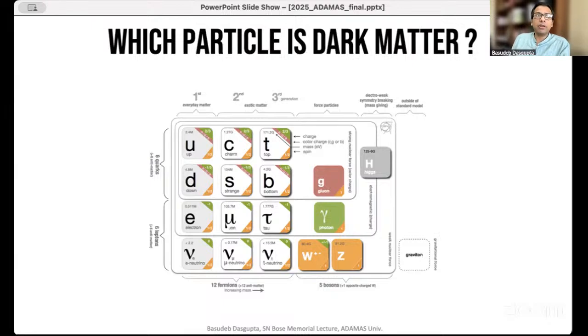And in fact, up until the 80s, neutrinos were considered a very plausible candidate for dark matter. But it turns out that neutrinos, even though they have mass, are actually very light. And so as a result, these neutrinos travel very fast, almost at the speed of light.